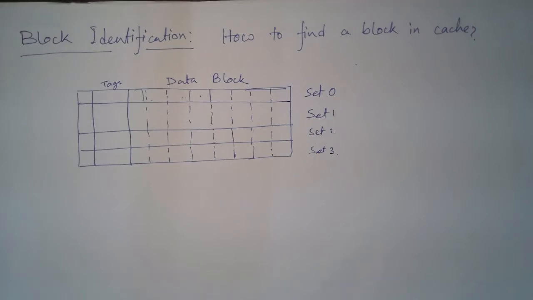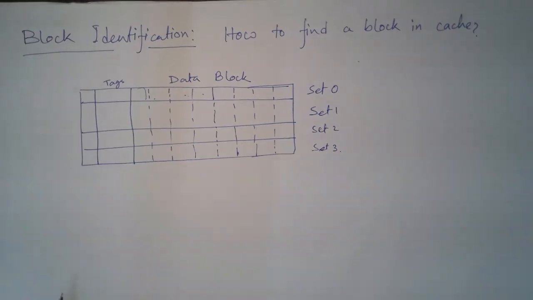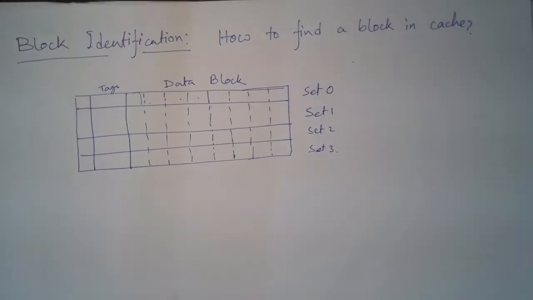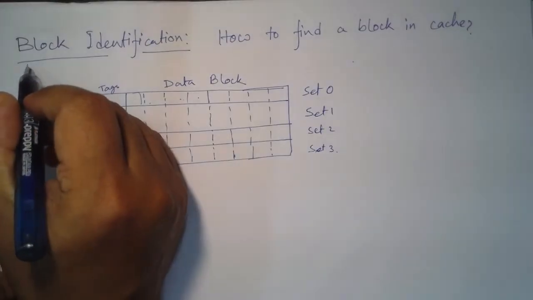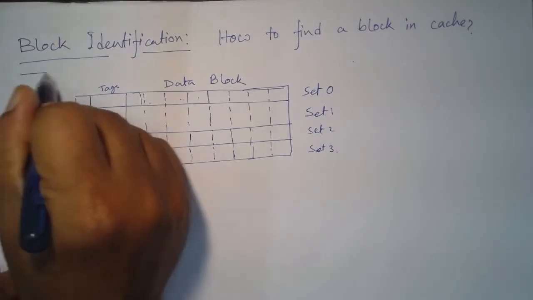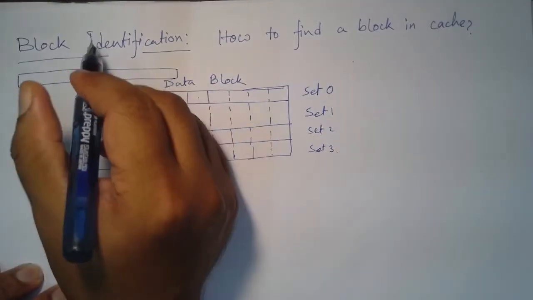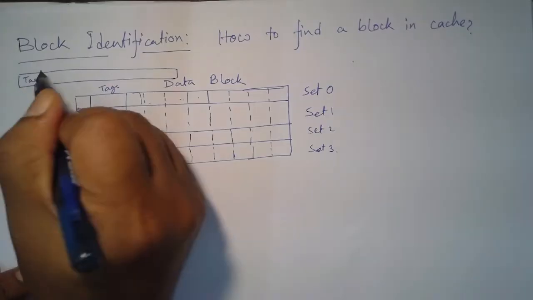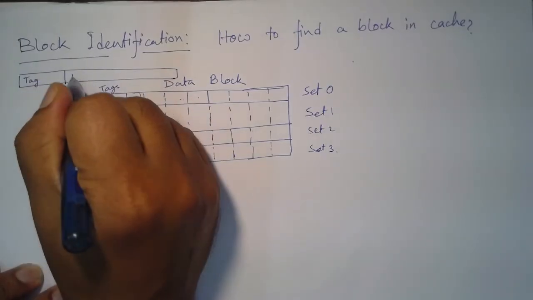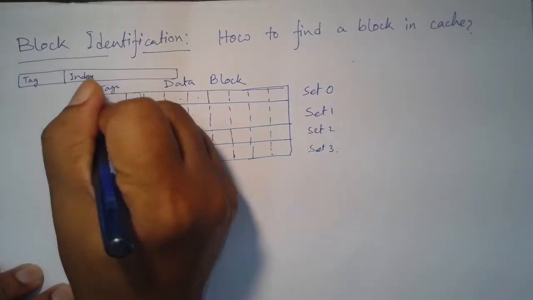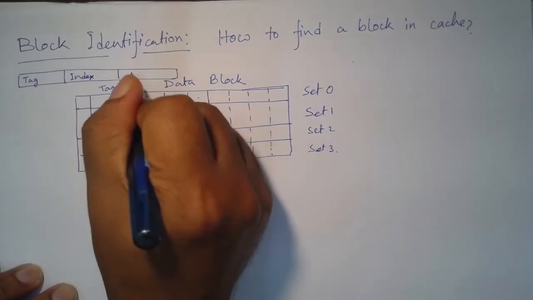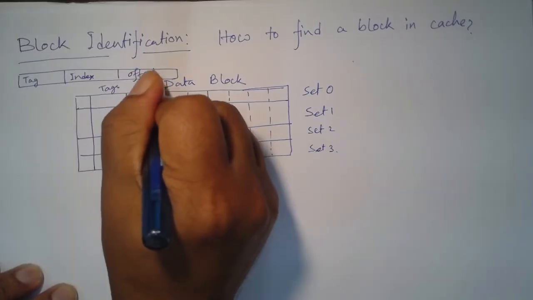So now to identify the cache, let's see how the block address will look. The block address will have a tag, then an index, and an offset. Okay.